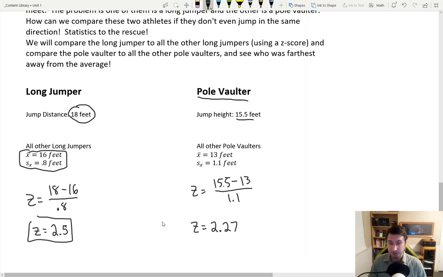If it's really close to the average, well, everybody's close to the average. But as you get farther and farther away from the average, it becomes more and more extraordinary. So here we got to tip our hat to the long jumper. That is a bit more extraordinary than the pole vaulter's jump of 15.5. All right, there is our first intro into standardized z-scores.